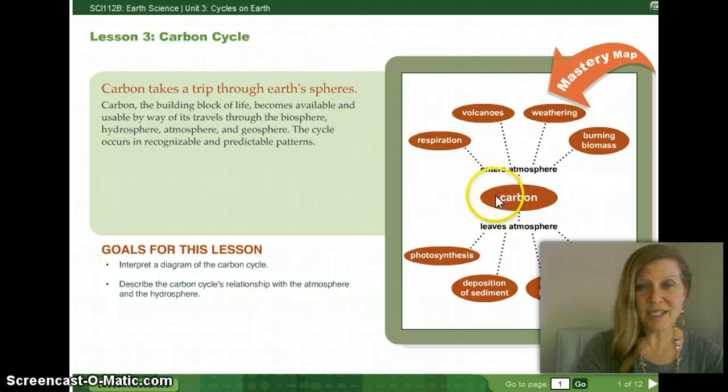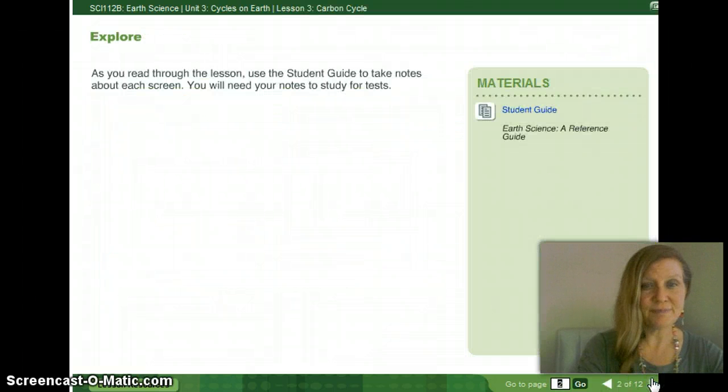For instance, entering the atmosphere, carbon moves through actions of volcanism, respiration, burning of biomass, and also weathering. It leaves the atmosphere through the process of photosynthesis by plant and plant-like organisms, through the deposition of sediment, through the burial of different biomasses, and through also the sequestration of carbon in our seas and seawaters.